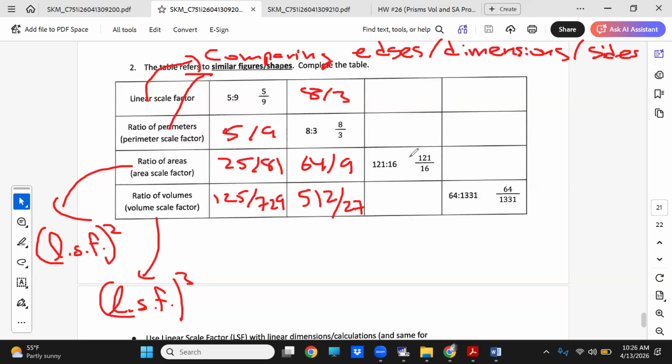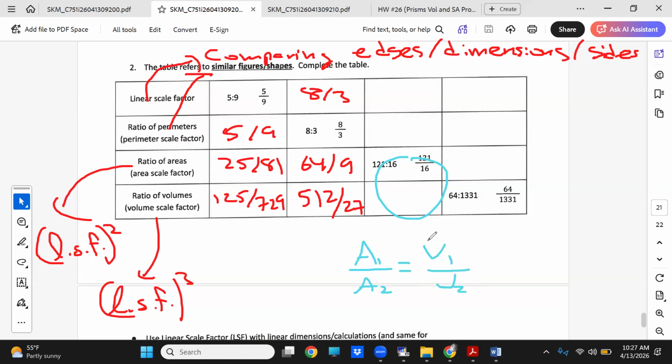Because right now, I'm confused. How am I going to alter that to get the ratio of the volumes? Because what's happening, just so you know, is area 1 over area 2. Don't write this down, by the way.